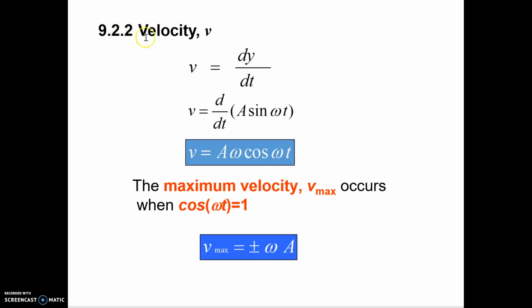Apart from displacement, we also have velocity.